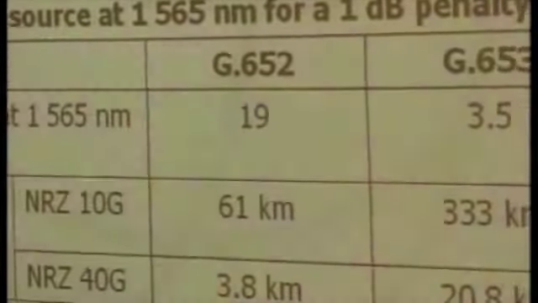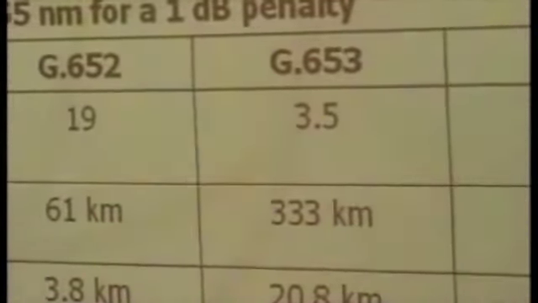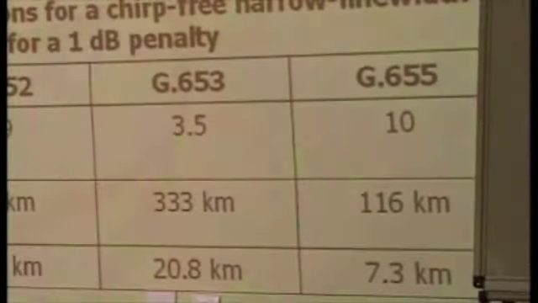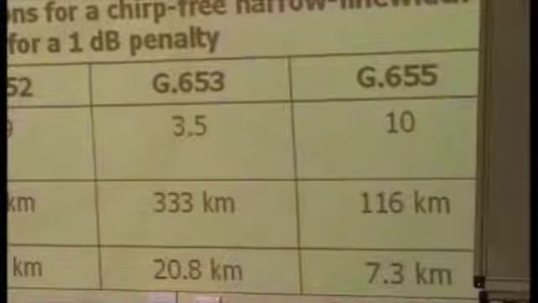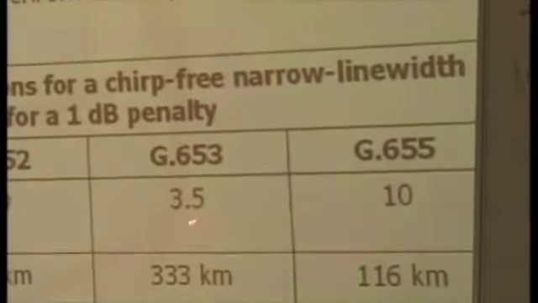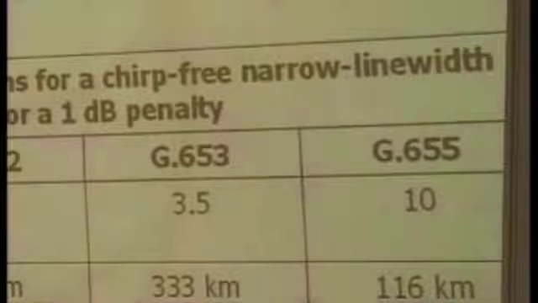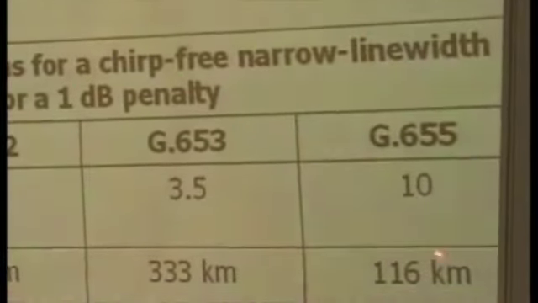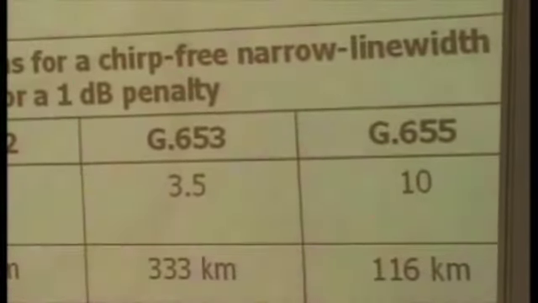This table shows that if your system is NRZ 10G and you use G.652 fiber, you can transmit 61 kilometers. But if you use G.653 fiber, with a smaller dispersion coefficient, you can transmit 333 kilometers, and 116 kilometers for G.655 fiber.